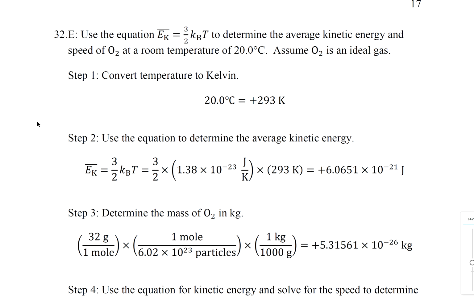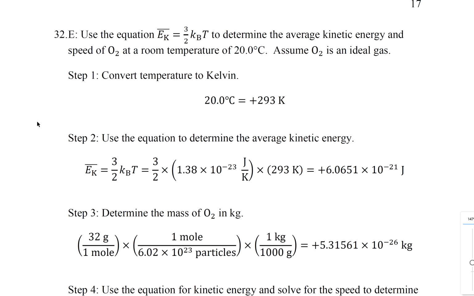Question 32. Use the equation average kinetic energy equals 3/2 K sub BT to determine the average kinetic energy and speed of O2 at a room temperature of 20 degrees Celsius.